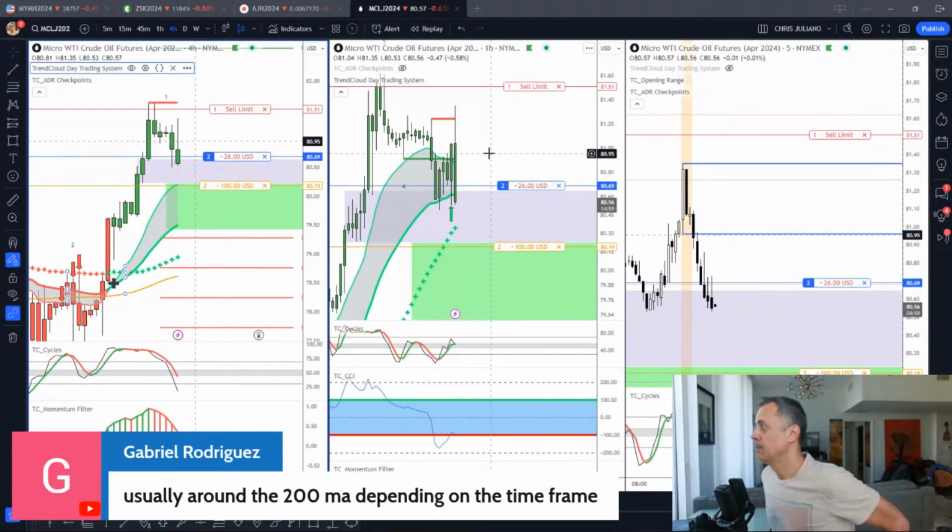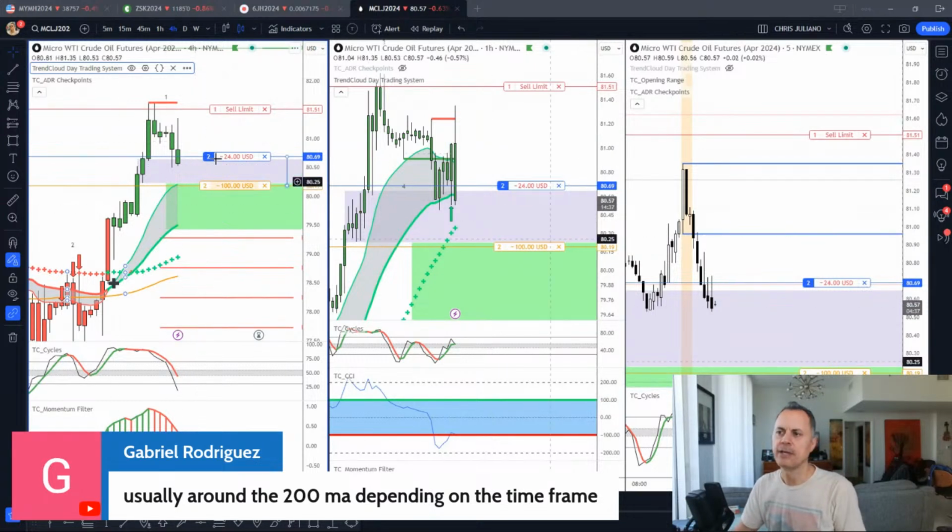Well, put it on the highest time frame, okay? Because the big banks and large institutions are using the 200 and the 100 simple, and they don't really look at low time frames, right? Remember, these guys are more long term, right? So I only use it on the highest time frame.